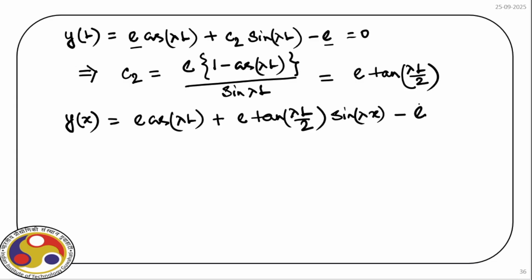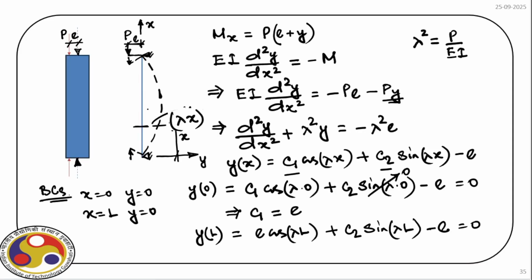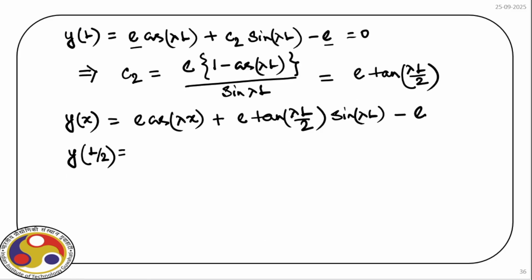Of course, we can expand this and further simplify, but before that, let us first find out deformation y at x equal to L by 2. Because if you look at the configuration, at L by 2, we have the maximum deflection. So this is y max. And let us first find out the expression for y max, right?